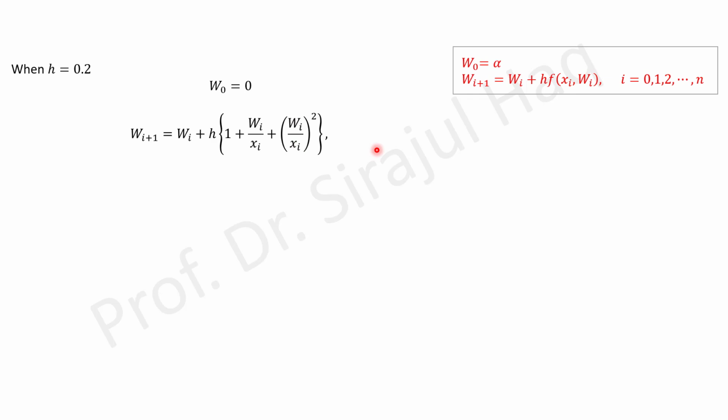The value of i goes from 0 up to 10, because I counted the mesh points: x0, x1 which is 1.2, x2 and so on. They give you the mesh points as I discussed before. Now let's replace i by 0. So you are getting W1.